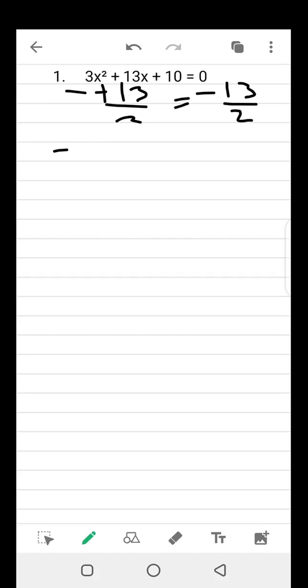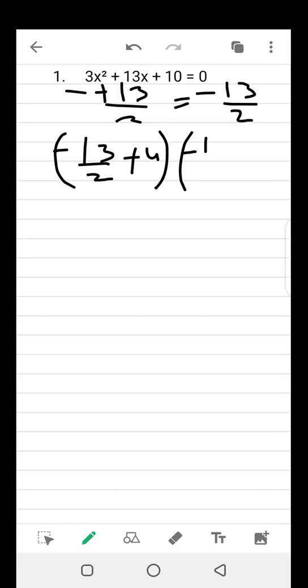So I bring minus 13 over 2 plus u, times minus 13 over 2 minus u, equals 3 times 10, which is 30.